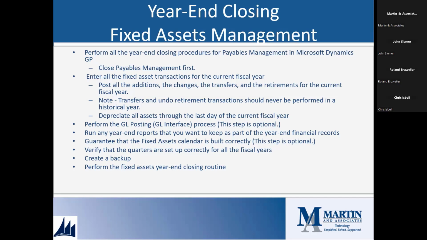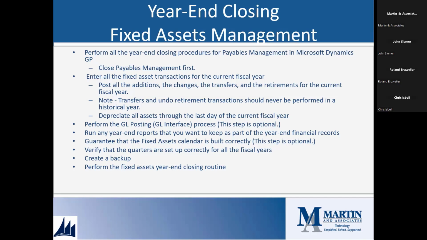Run your reports. And normally when you set up fixed assets, it creates calendars out over more than the next fiscal year. In ours, I think it has up to 2099 or 2199, something like that.